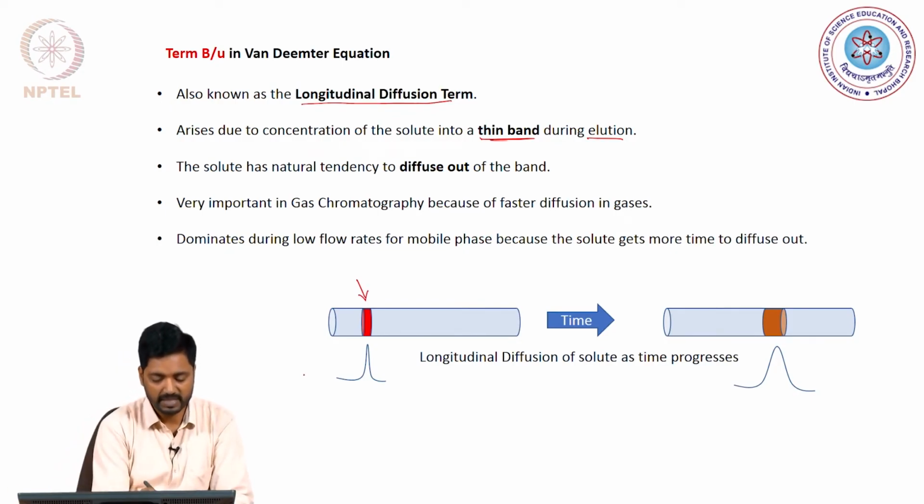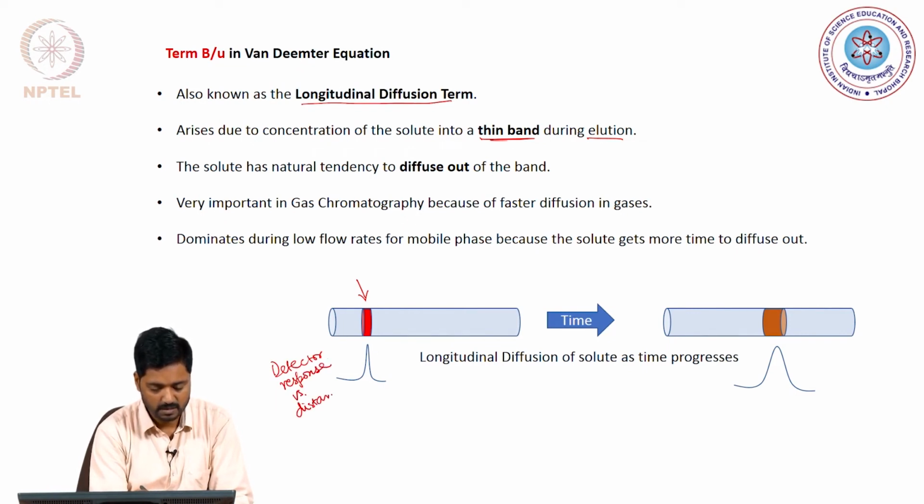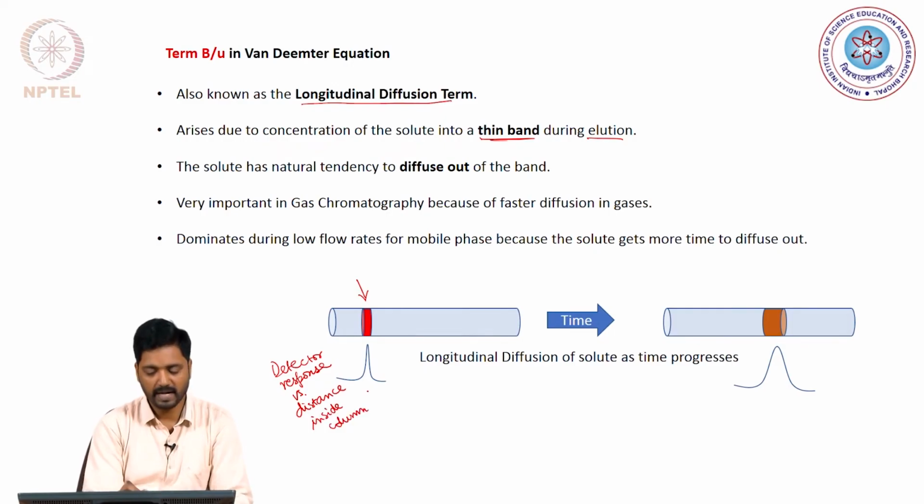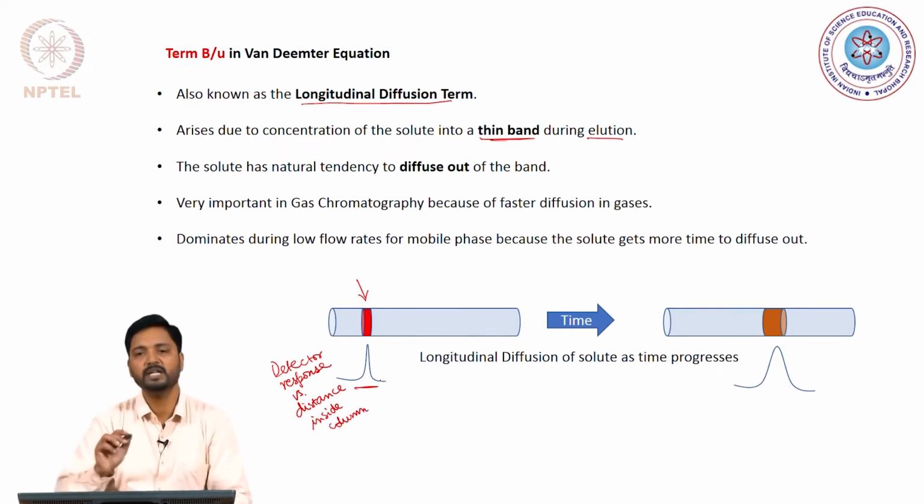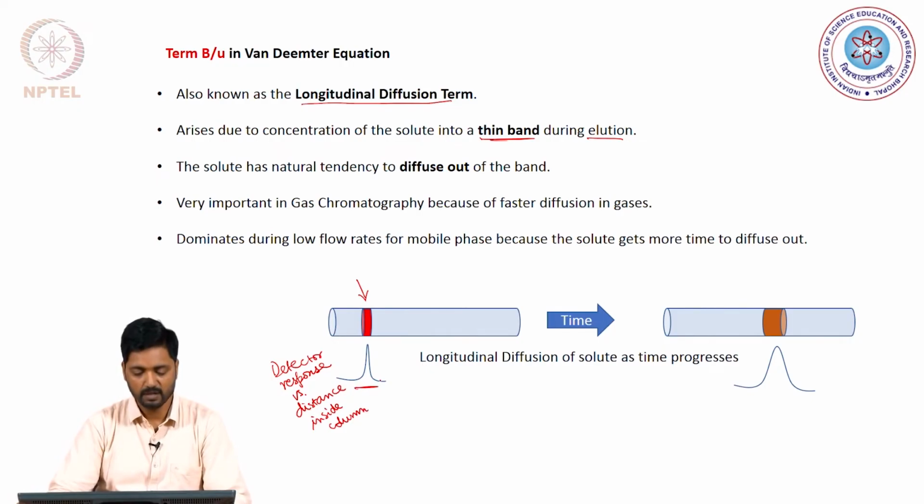So, if I am plotting the detector response versus distance inside the column, I will observe a very sharp profile for the solute which is eluting out of the column initially.